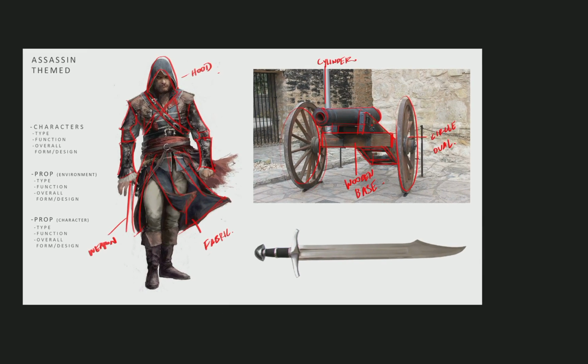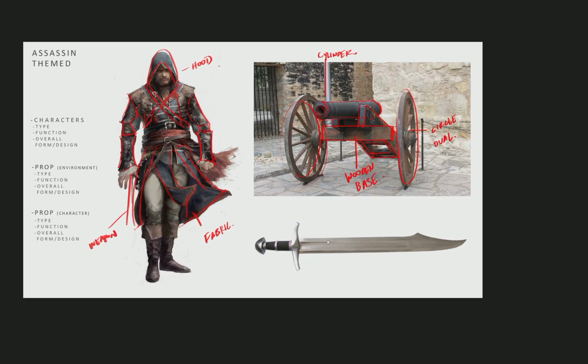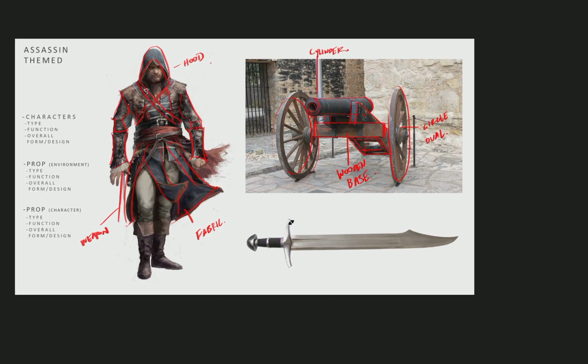Alright, so last but not least, we have the weapon, right? So this is a character prop, and obviously we know the type, it's a weapon. Function, overall, obviously it's for offensive and defensive use. And the form and design, if we look at it, there's a specific shape, right? We got the handle, which is more or less like a cylinder.